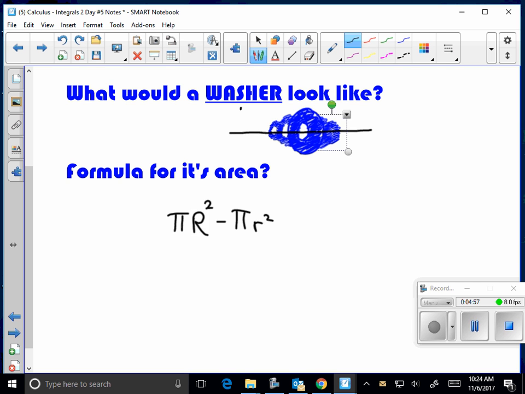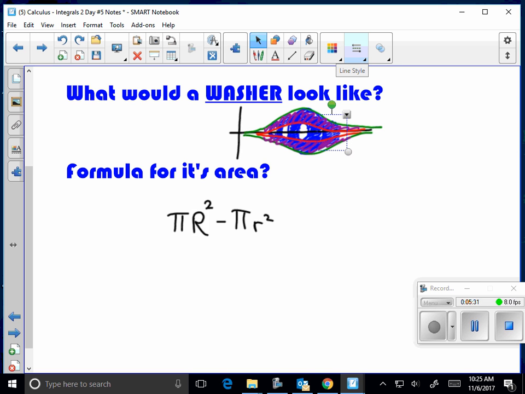And I want to take this function right here minus this function right here, and I want to revolve it around the x-axis. So it's going to create this purple space. I'm going to revolve that solid around the x-axis. There will be a hole. That hole is going to be small on the very end over here, and it's going to get larger and then get smaller again.